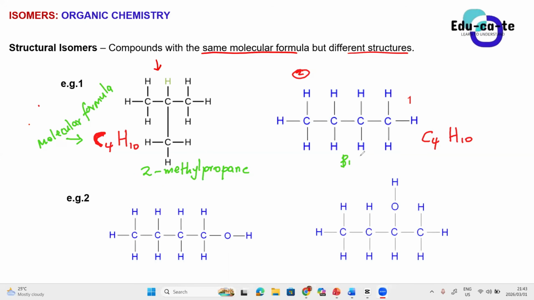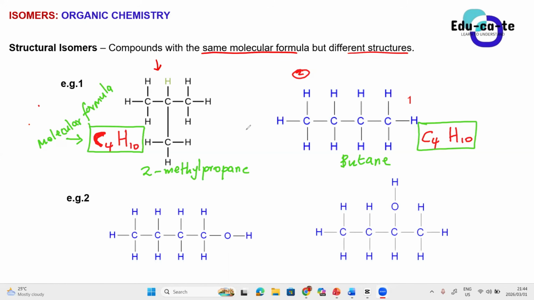Both of them are alkanes, but they are different compounds, because 2-methyl propane is not the same as butane. Even when it comes to physical properties, it doesn't work the same way. Maybe 2-methyl propane is used in cooking, but butane is probably used in making oil or something like that. So these are 2 different compounds, but one thing common about them is that they've got the same number of carbons and the same number of hydrogen atoms.